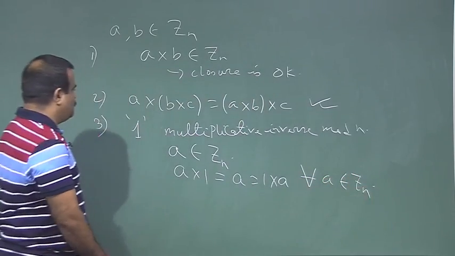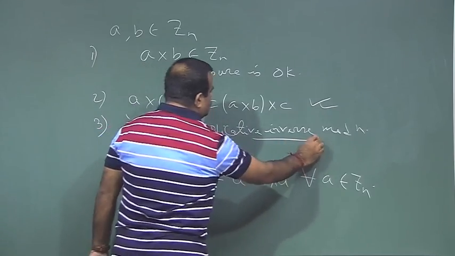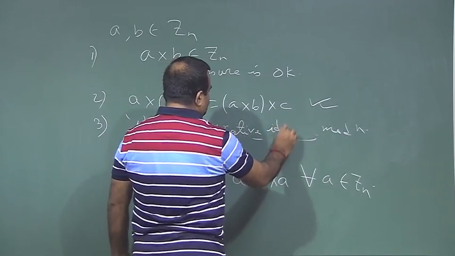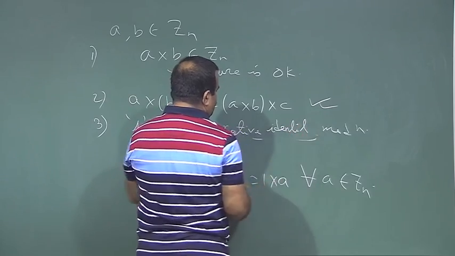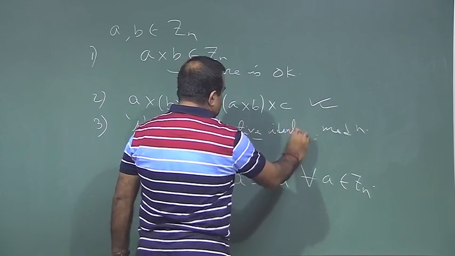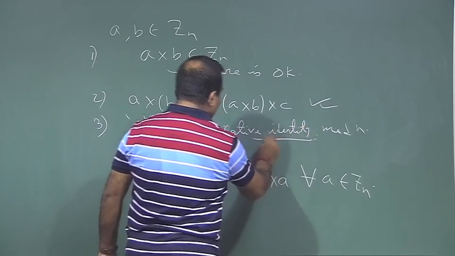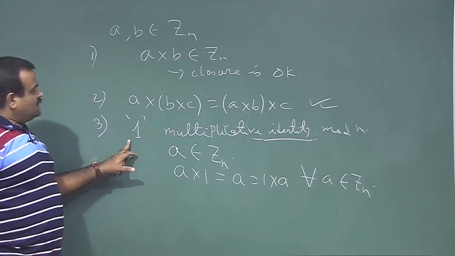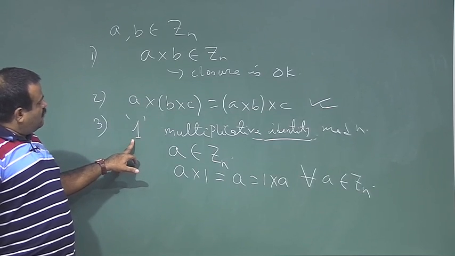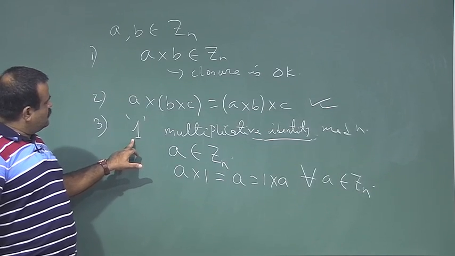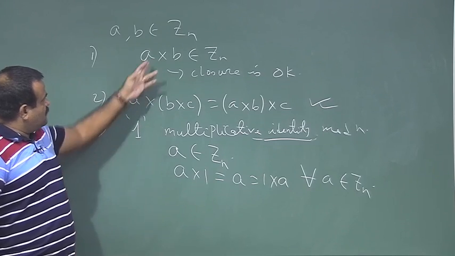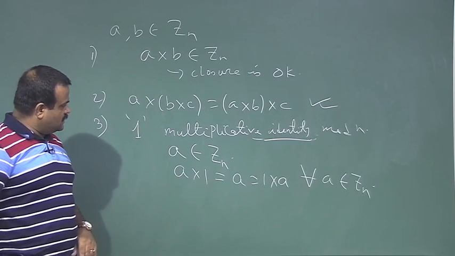So, this implies, sorry, this is the multiplicative identity, not the inverse. So, 1 serves as the multiplicative identity under the multiplication operation.